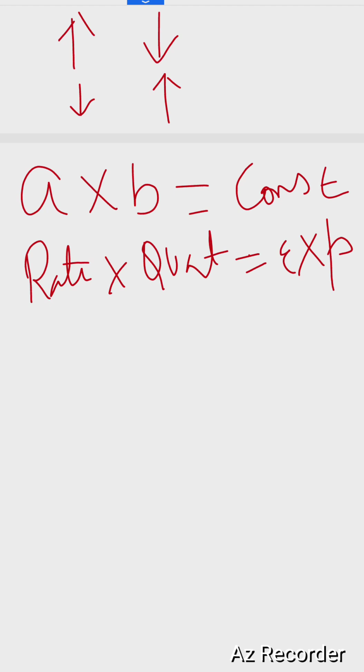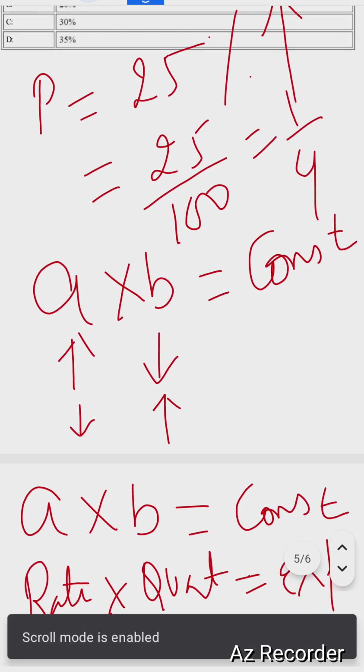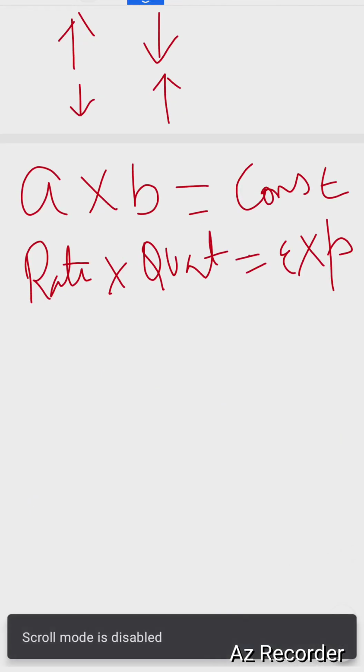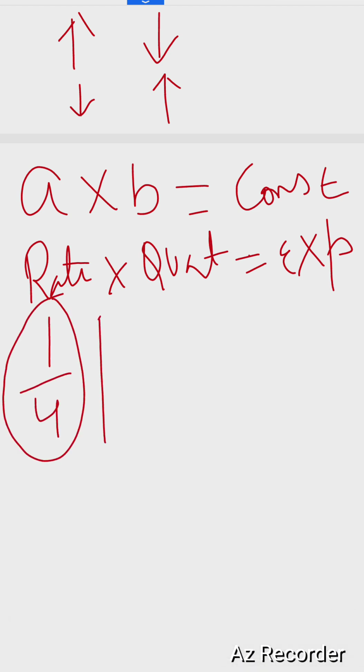Now, as in this question, my rate has been increased by 1 by 4. Its rate has been increased, so quantity should be decreased. To get a fractional value by which it is going to decrease, the first rule is you have to change only the denominator, either to increase or to decrease.